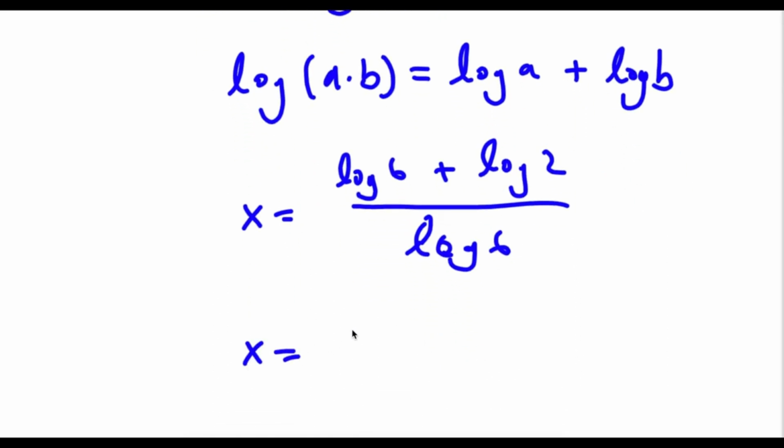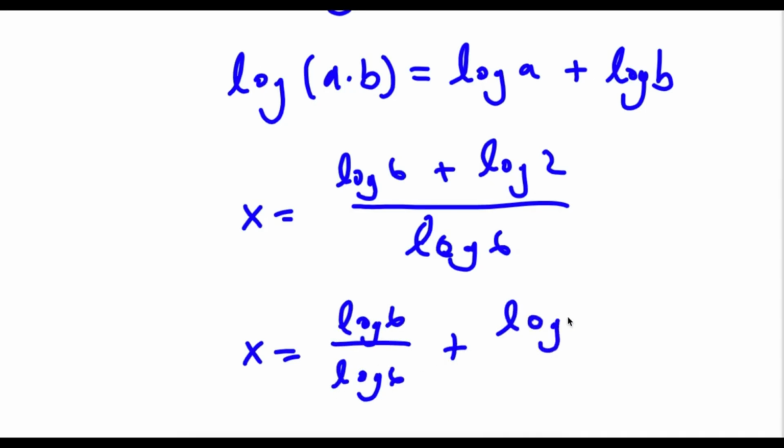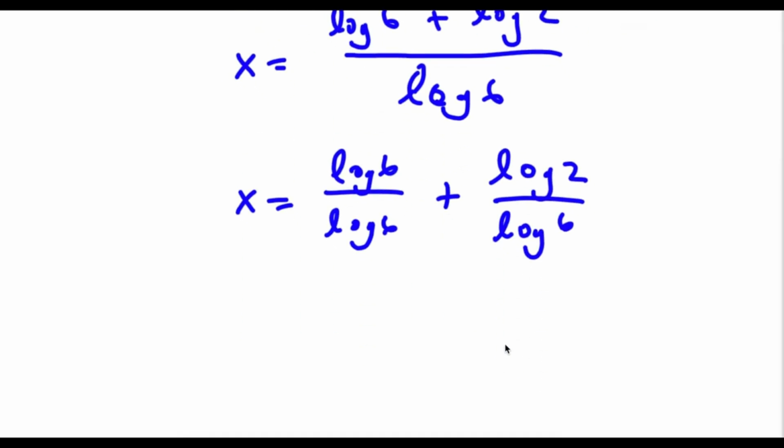Now this is the same thing as log 6 over log 6 plus log 2 over log 6. So now these two cancel out, and I'm left with x is equal to 1 plus log 2 over log 6.